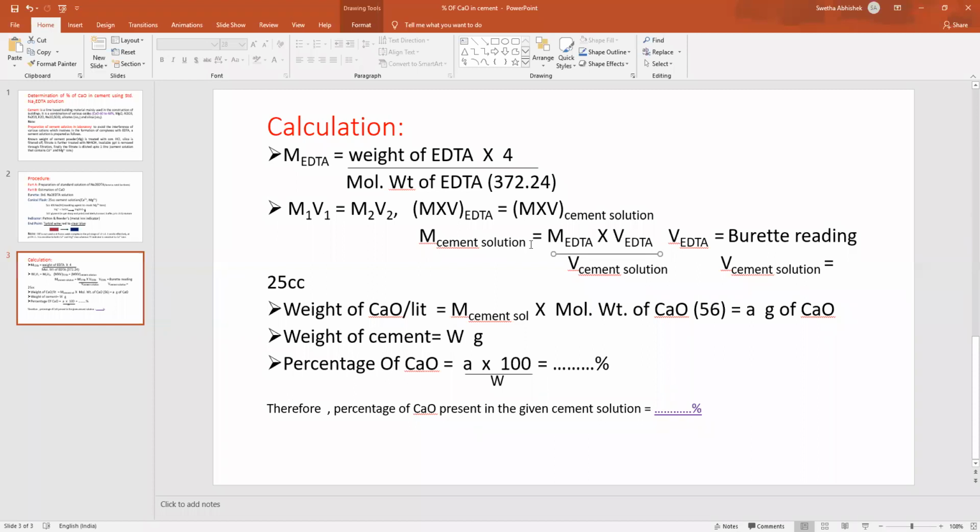So molarity of cement solution is equal to molarity of EDTA into volume of EDTA divided by volume of cement solution. So what is the volume of EDTA? It is the burette reading. And the volume of cement solution, of course, it is 25 mL, which is taken in every trial.